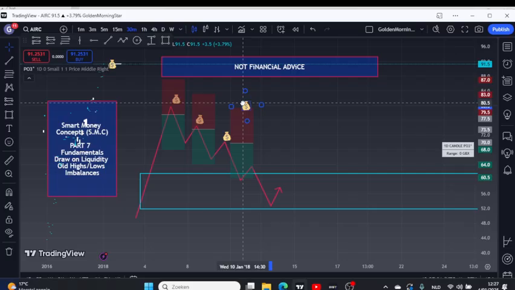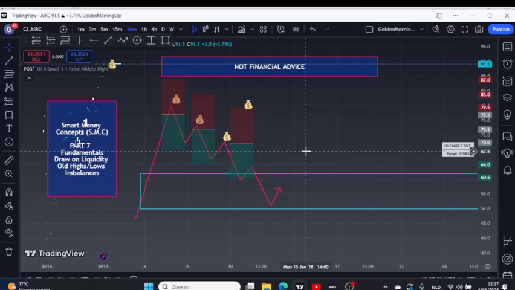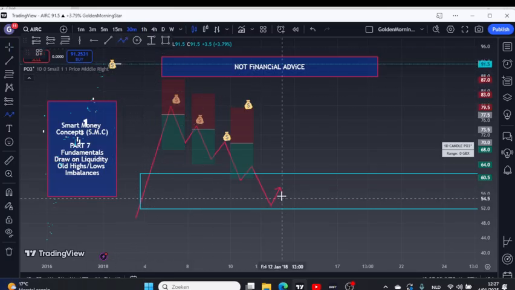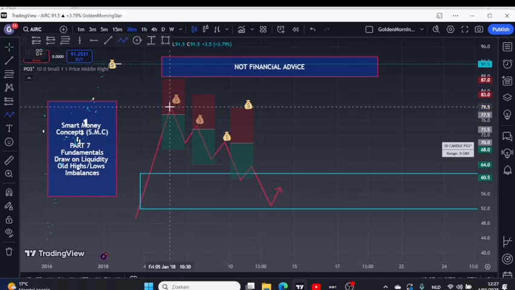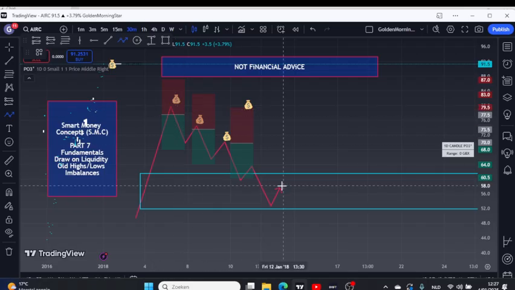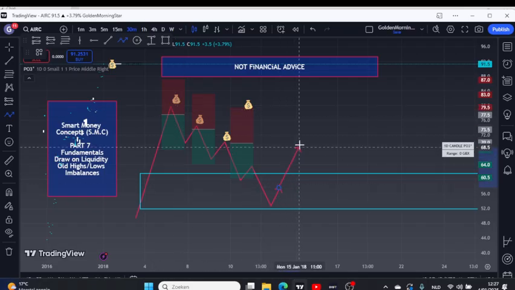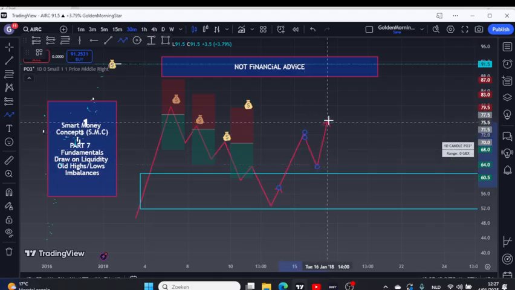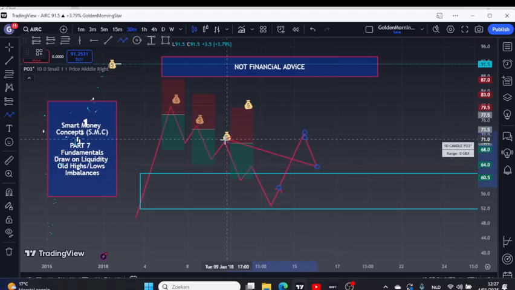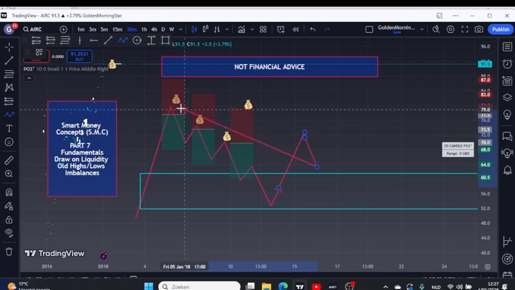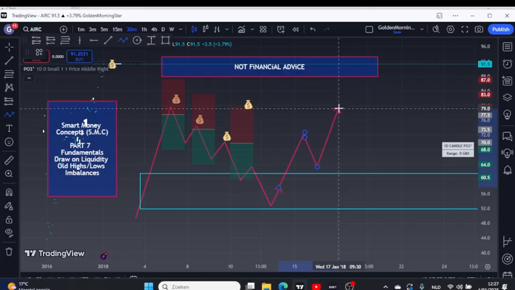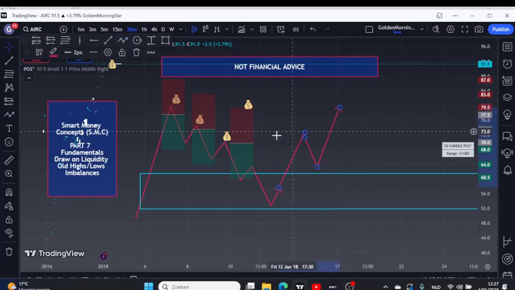There is liquidity in this stop loss too. So the draw on liquidity now will be these stop losses. So the market is going to continue up and go after all these positions to push probably even higher.